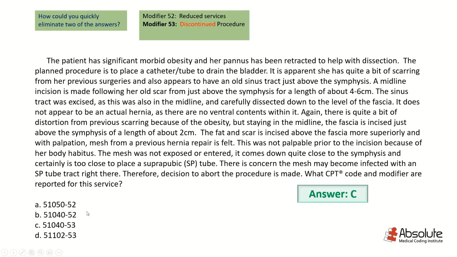So right off the cuff, we could get rid of A and B, because the decision to abort the procedure is made, meaning it was discontinued. Yeah, that's right, Soma. Abort. So now we can concentrate and get our eagle eyes on C and D.